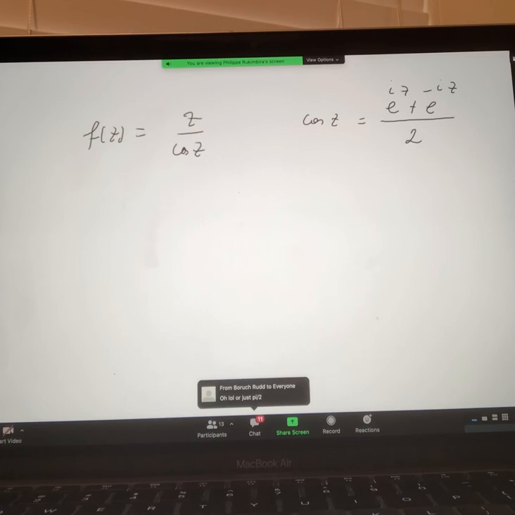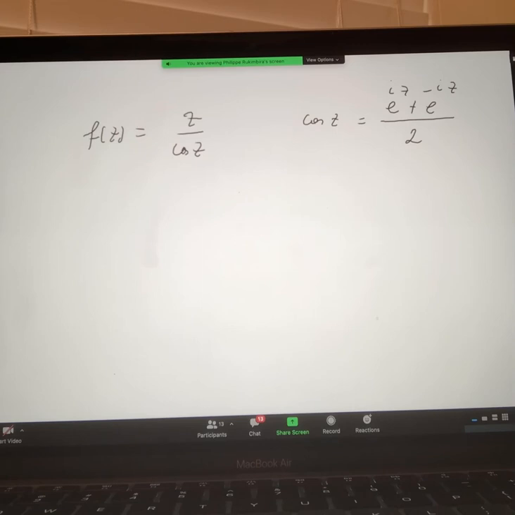There's nothing wrong, but yeah, just pi over 2 plus a multiple of pi. The other one was okay also. You just need to pick the appropriate value of k. So the poles are pi over 2 plus k pi, a multiple of pi.